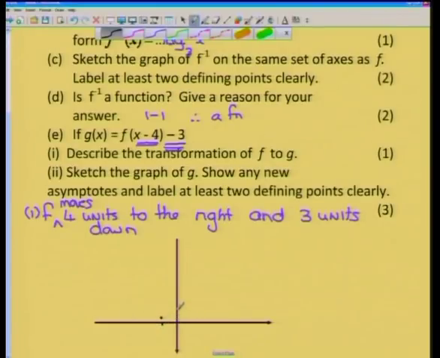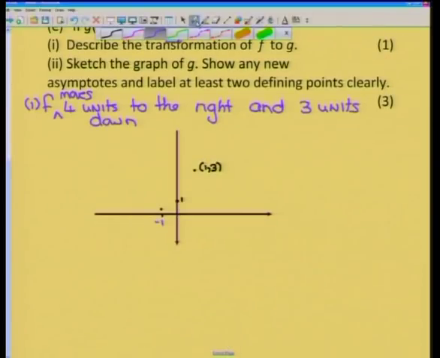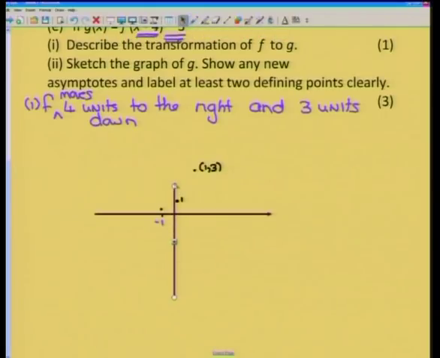We knew that there was a point at 1, and we knew there was a point at 1, 3. And all we're going to do is use this transformation to help ourselves out. So instead of being at minus 1, 1/3, it tells me I must move it 4 units to the right and 3 units down. So we need a little bit more space, I think, over here. Let's just drag this axis down a little bit.